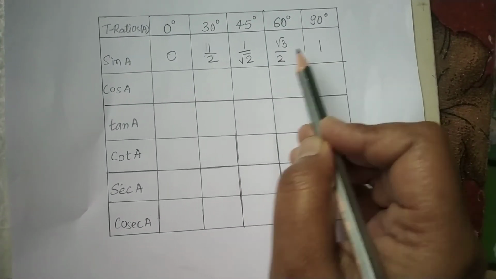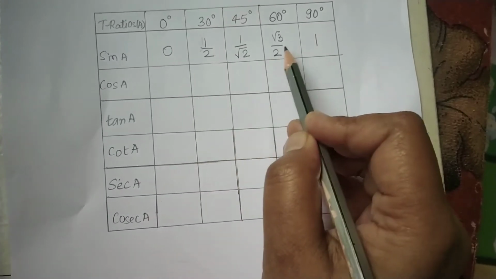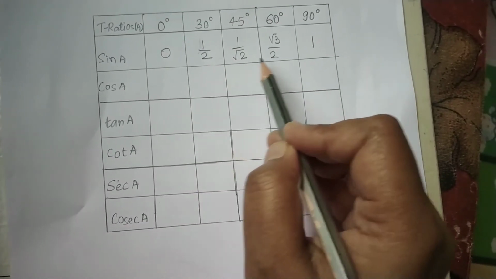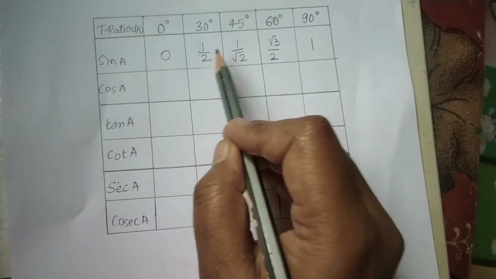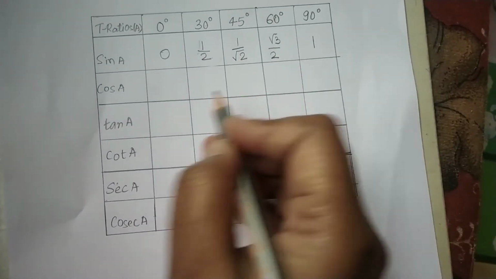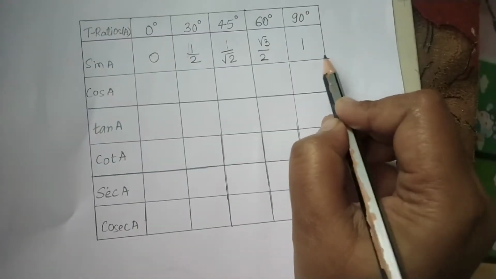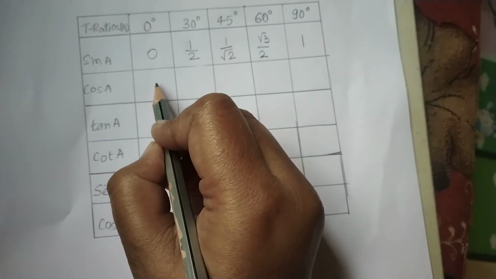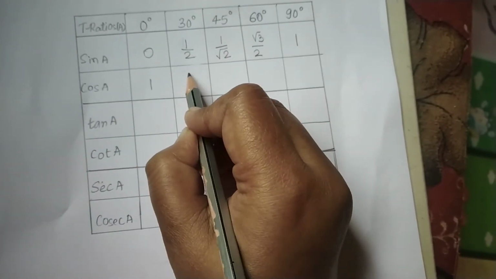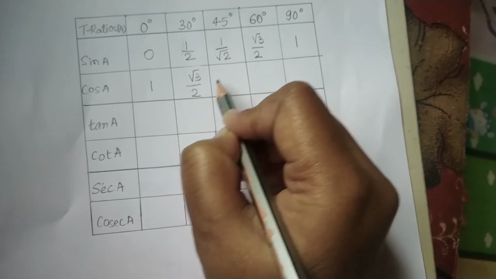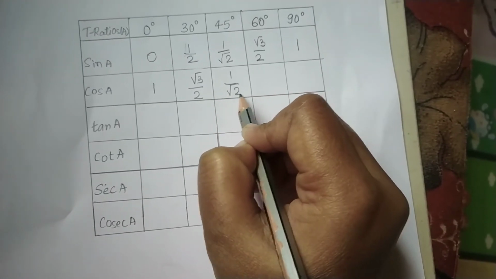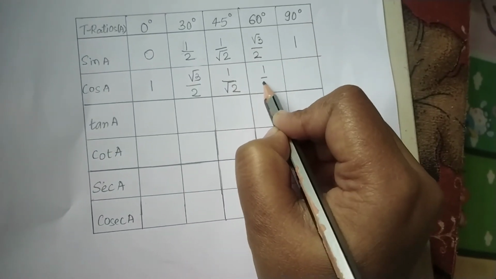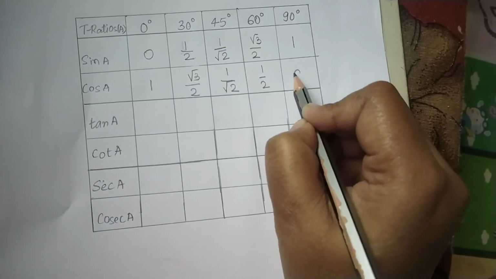That means we start with 1, then comes root 3 by 2, then 1 by root 2, 1 by 2 and then 0. Just in reverse we write of sine: 1, root 3 by 2, 1 by root 2, 1 by 2 and 0.